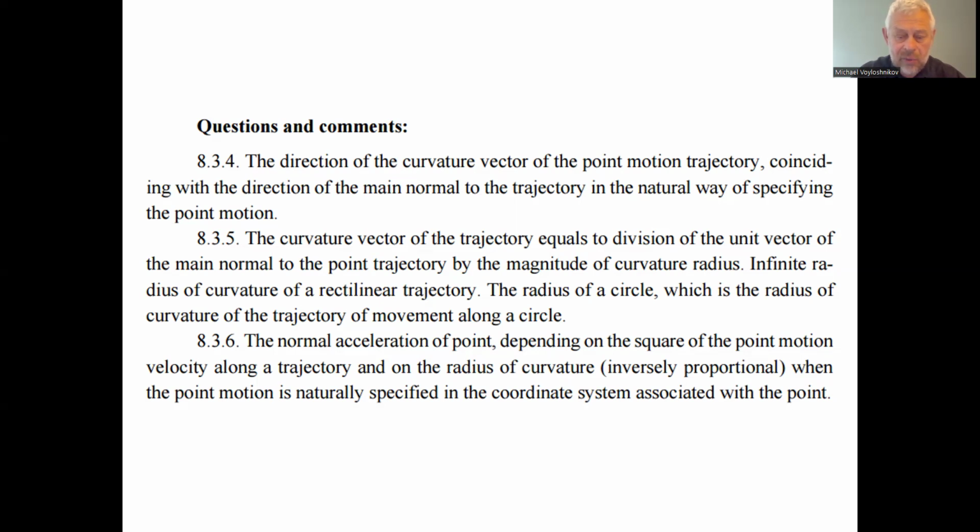We consider the arc of the motion along the curvilinear trajectory as the increment. So in the numerator we have the change of the orth. In the denominator we have the change of the location of the point on the curvilinear trajectory.